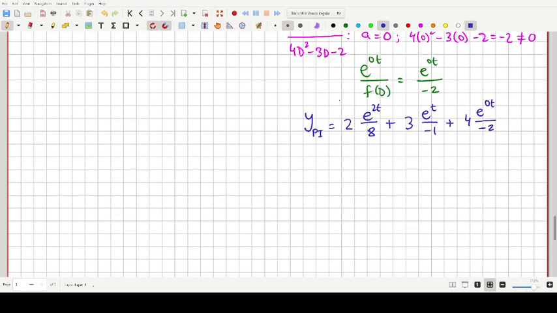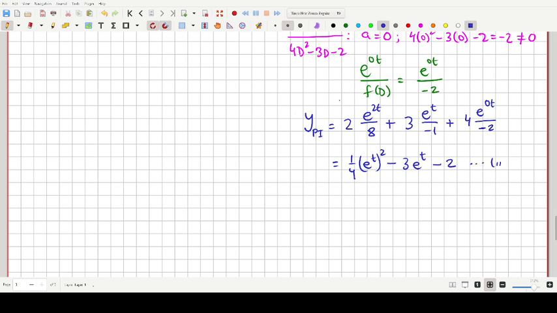Now if we simplify this, we get 1/4 (e^t)² minus 3 e^t, and then minus 2. So that is our y_PI.